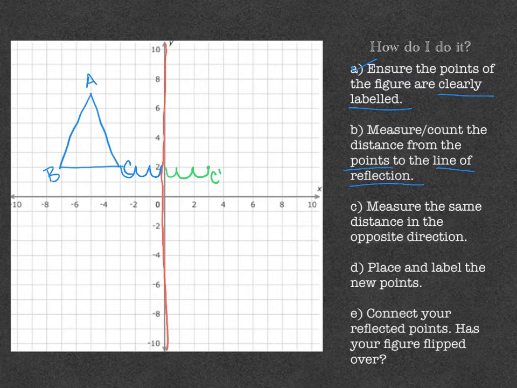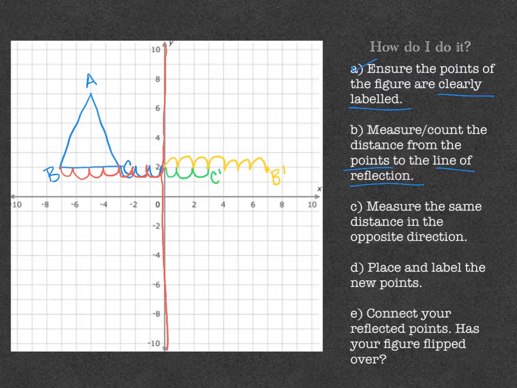Okay, so let's go back and do our other points now. I'm going to change color so we can see B really clearly. B point is 1, 2, 3, 4, 5, 6, 7 away. Then we can count from that same point, 1, 2, 3, 4, 5, 6, 7. So that's our B1.